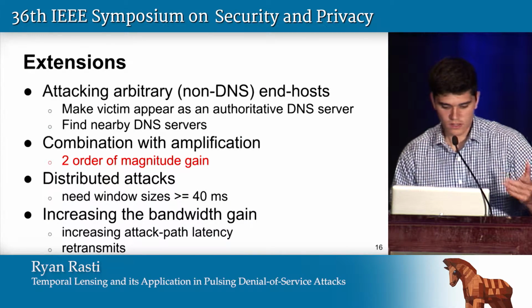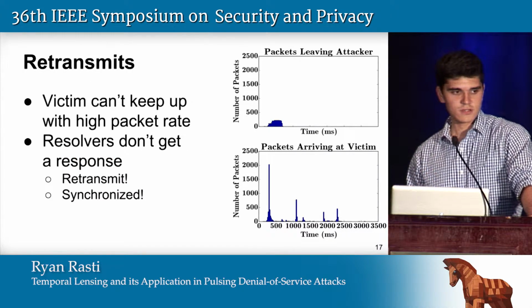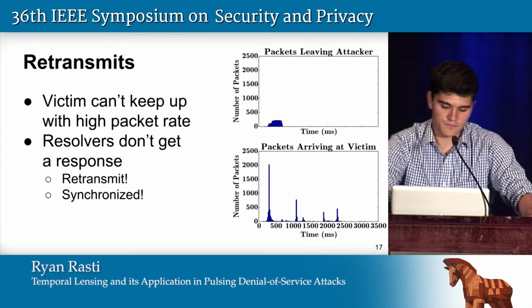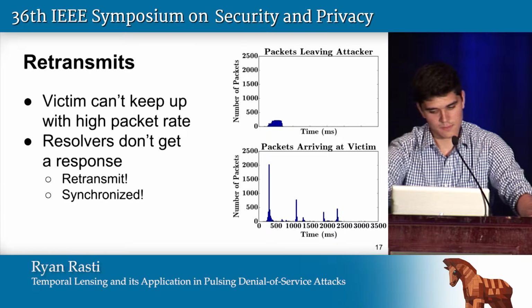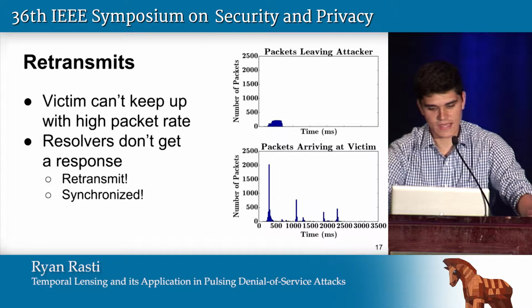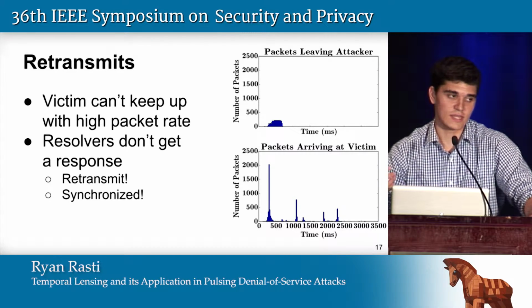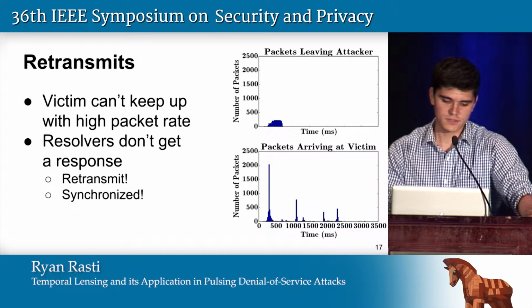There's also a cool thing that we noted with retransmits. Because the reflectors are DNS resolvers, at higher bandwidths the victim cannot keep up. The victim is an authoritative DNS server, and it can't keep up with the queries that the resolvers send, so some of the queries are actually dropped.